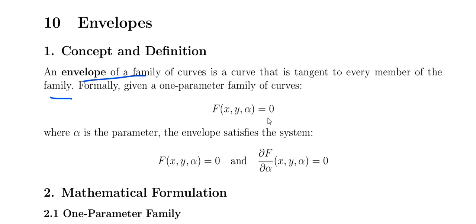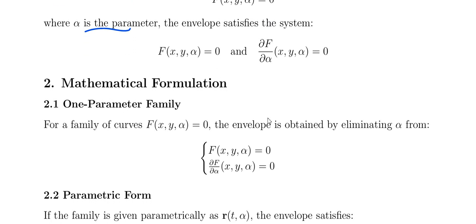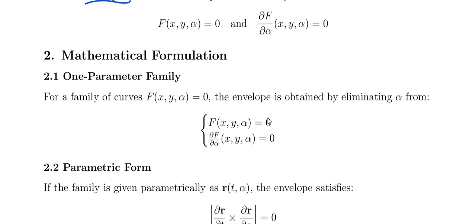Given a one parameter family of curves, f of x comma y comma alpha equal to 0, where alpha is a parameter, the envelope satisfies the system of equations: this is equal to 0 and the derivative with respect to the parameter equal to 0. That is the mathematical formulation of the envelope of the family of curves.